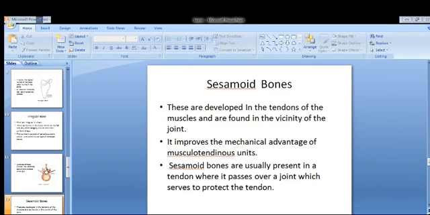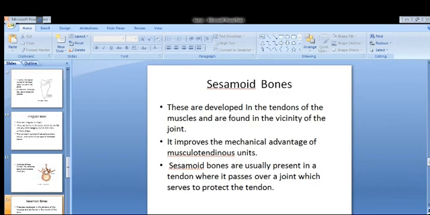So the tendons are actually the extension of the muscles which attach to the bones, and that forms the musculotendinous unit.